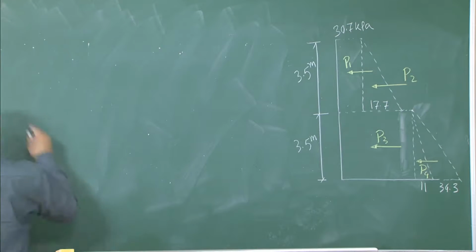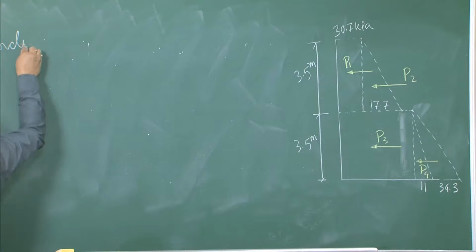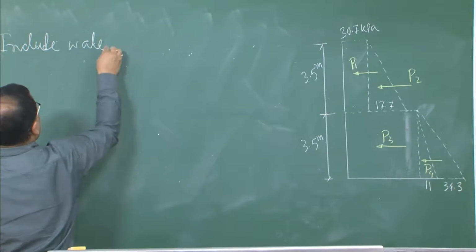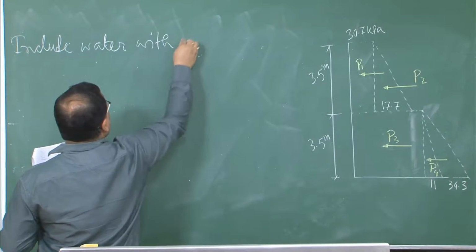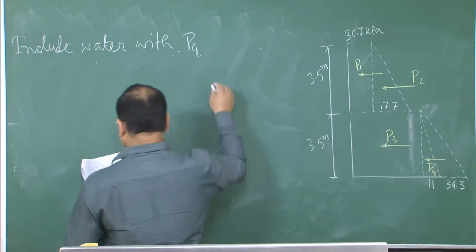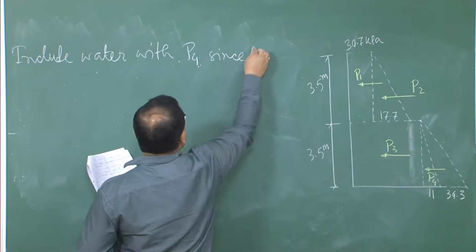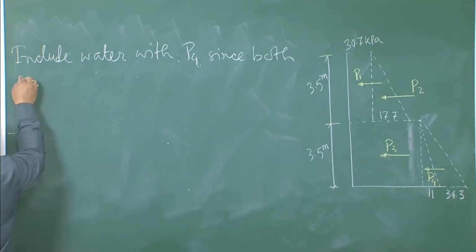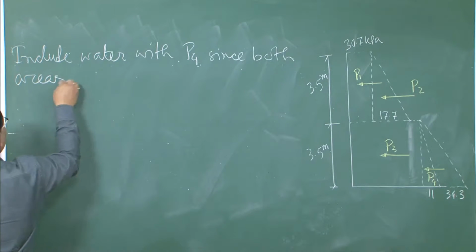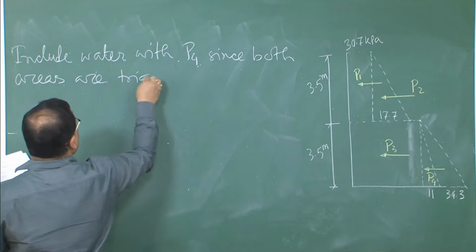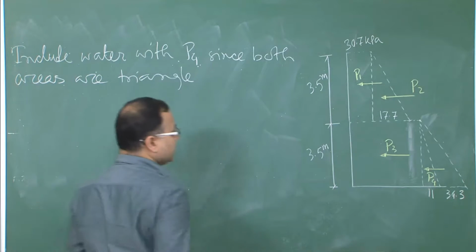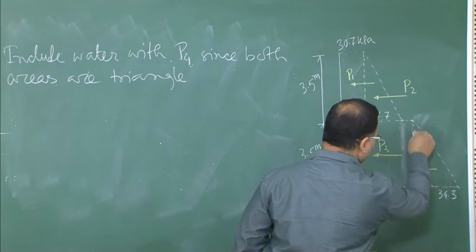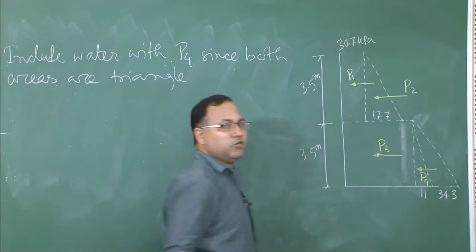So, now include water with P4, since both areas are triangles. So, we are considering this triangle and this triangle. This is the whole triangle which will give me P4.